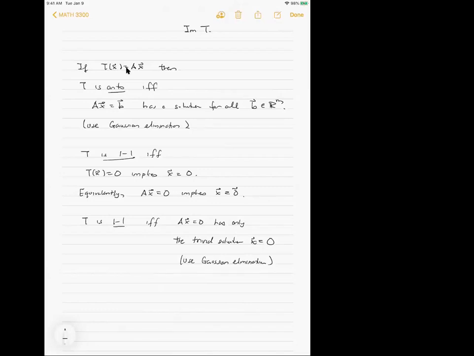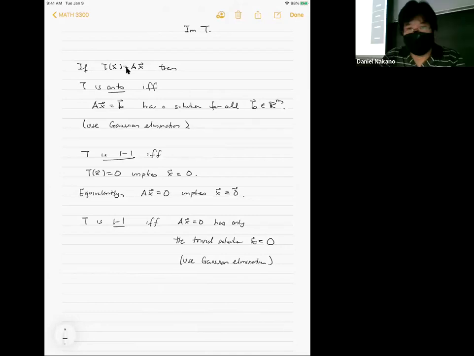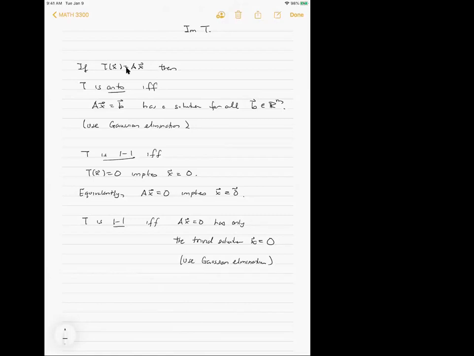How are we allowed to prove if something is 1-to-1 or onto based off the rank of the reduced matrix? Well, you can, but we haven't introduced rank yet. So I would just do it using Gaussian elimination.